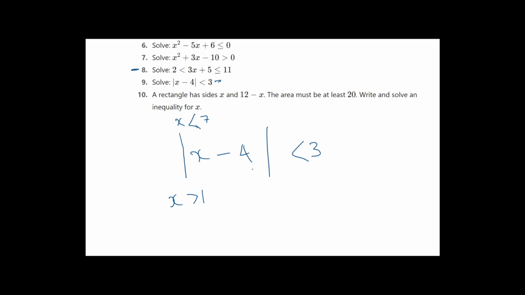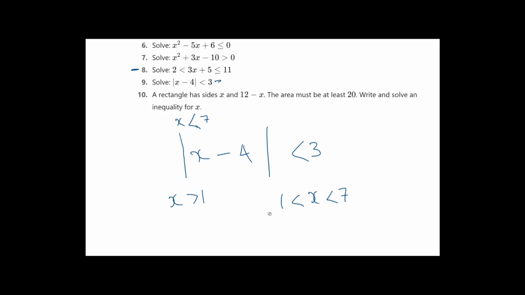Yep, that works. So in other words, our answer for this one, x has to be in 2 places. x must be less than 7, and it must be greater than 1.